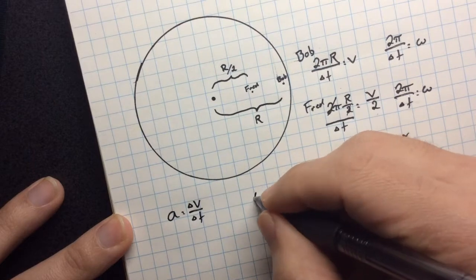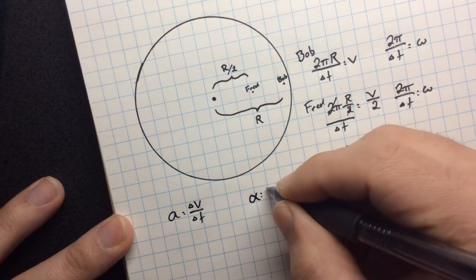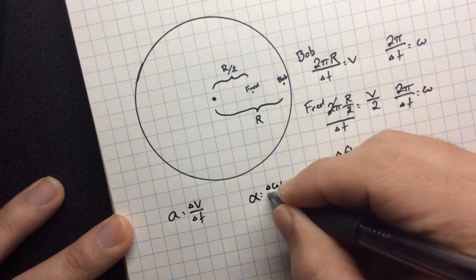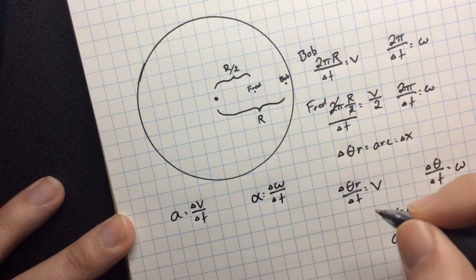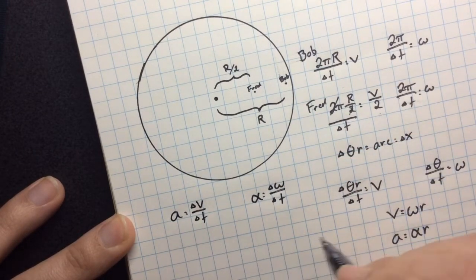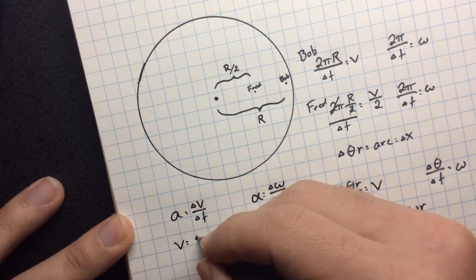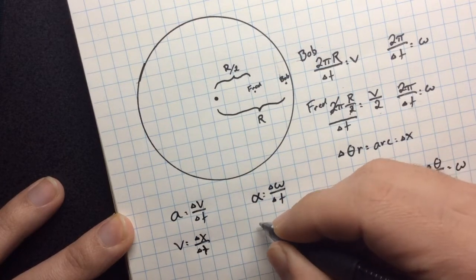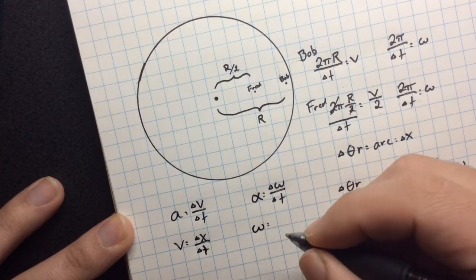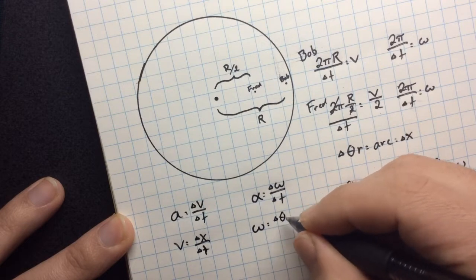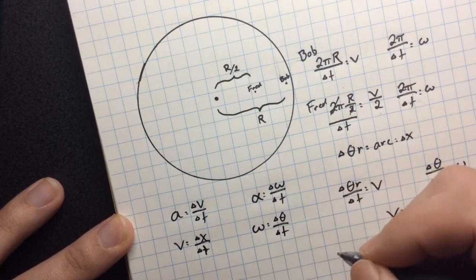The angular acceleration is the change in angular velocity over the change in time. Very, very similar. The velocity that you know is a change in position over a change in time. The angular velocity is equal to a change in angles over a change in time.